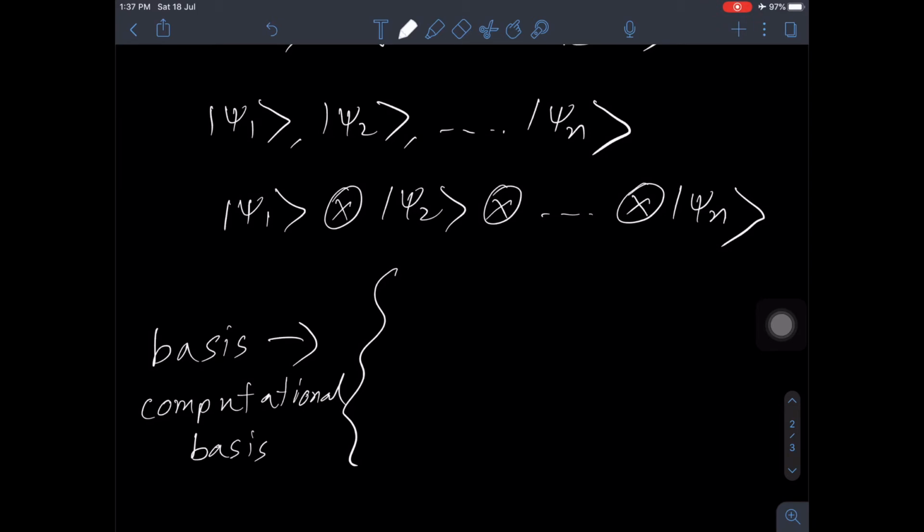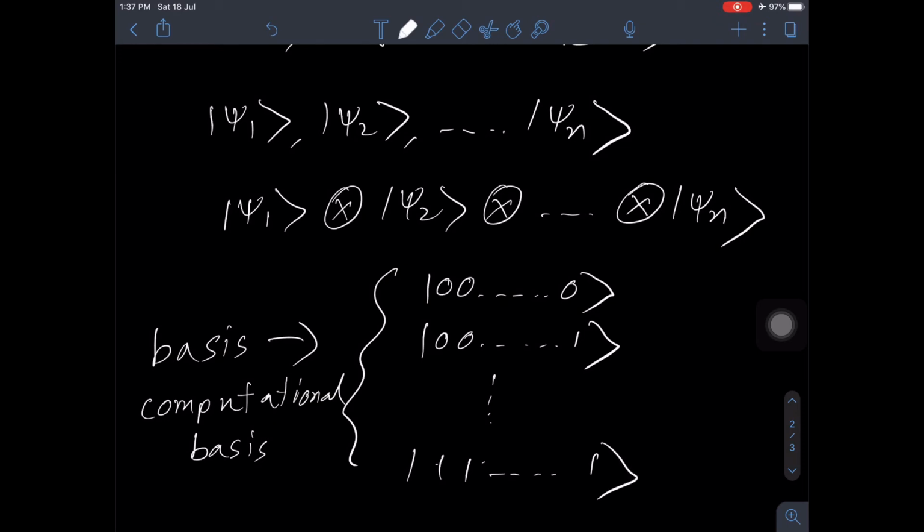So in the computational basis, you can write it something like this, where all of them are zeros. Then you start with, say, the first one is 1, and you keep on going, and you end up with all of them being ones. This looks like the classical binary bits that you use, right? But that's not the case in quantum. We will see it in a minute.